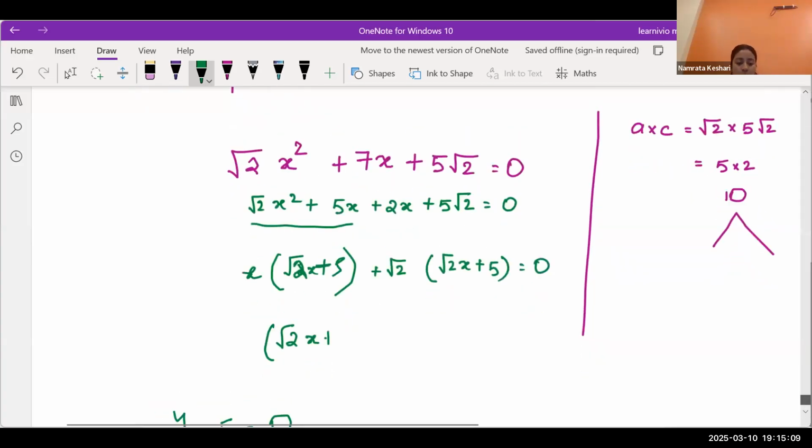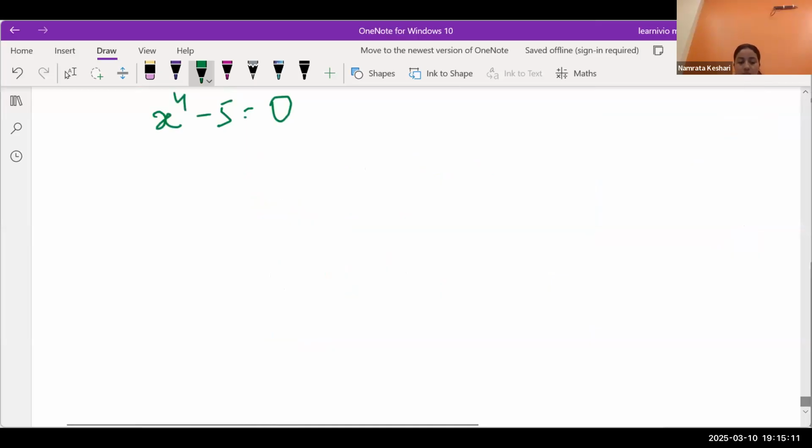Now, one more thing, if we are having a quadratic equation which looks like 3x square minus 2 root 6 x plus 2 is equal to 0.